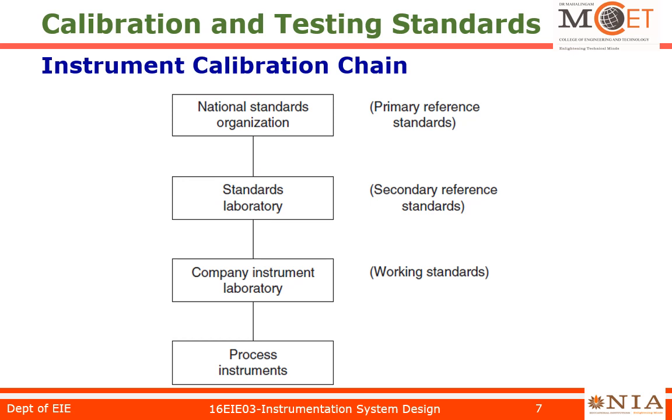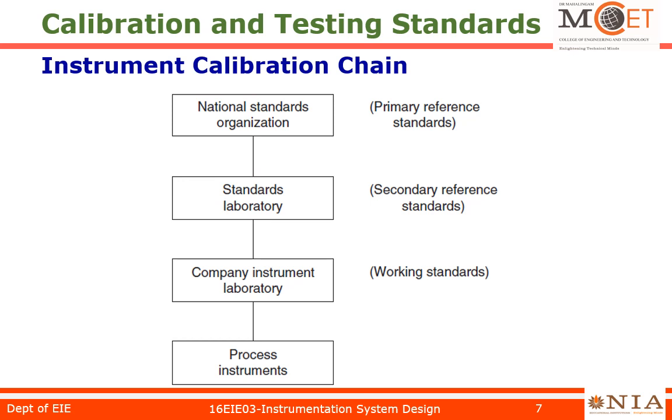Primary standards mean that if I want to measure any physical parameter, first I need to know its unit, and I need to be very clear about the mechanical and electrical specifications. All these are developed by the National Standards Organization. The primary standards are maintained by National Standards Laboratories in different places of the world.